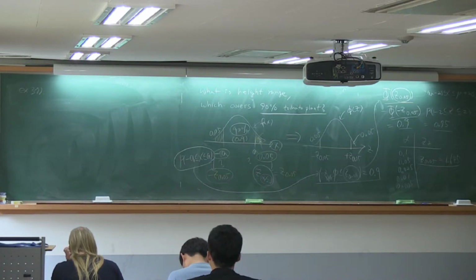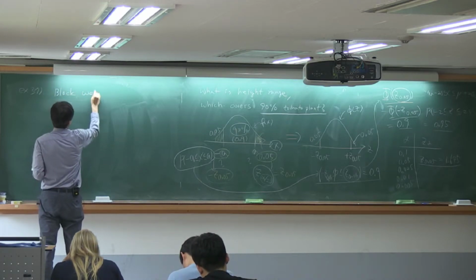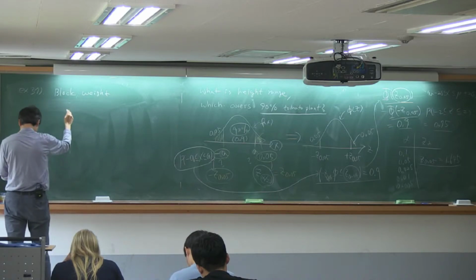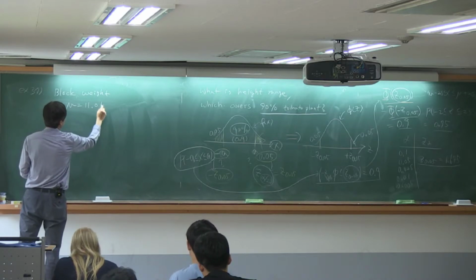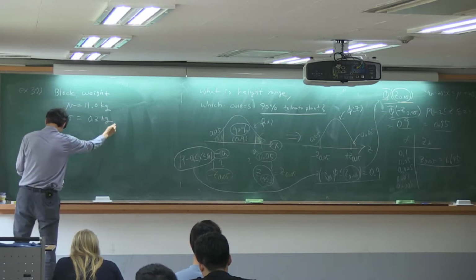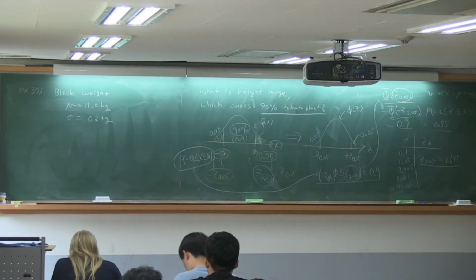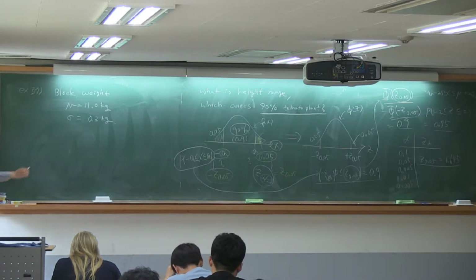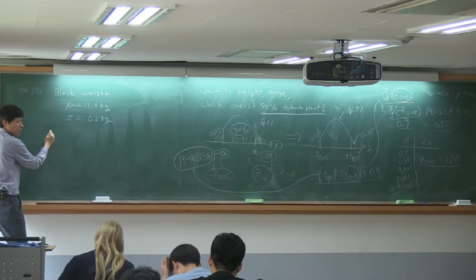The mean weight of the block is 11 kg and the standard deviation is 0.3 kg. So what is the range of a concrete block weight?